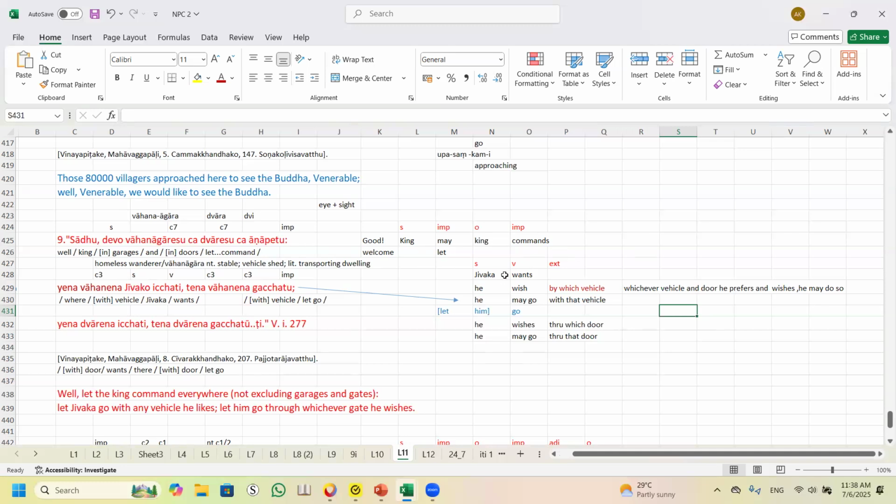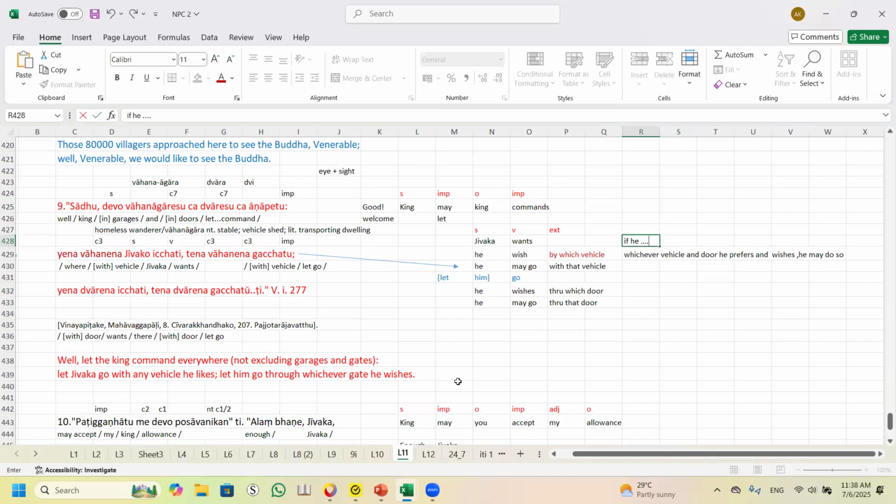Command means tell Jivaka what to do. So command Jivaka. So that means here you can use if he wishes, then he also can be, because this is how you join up the sentences.